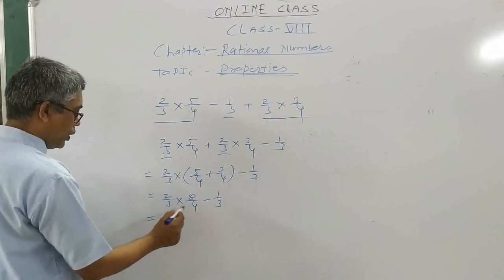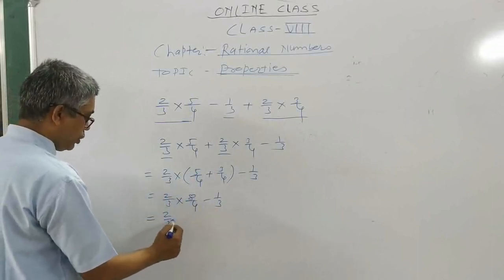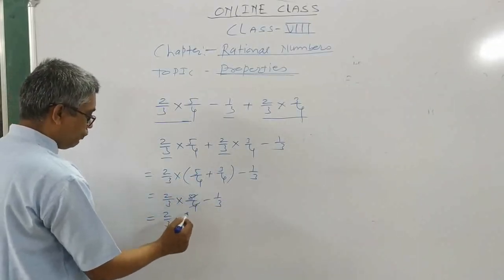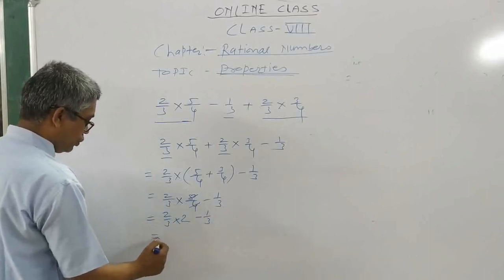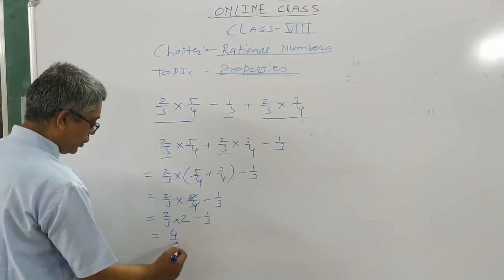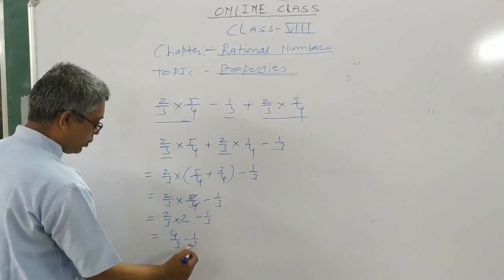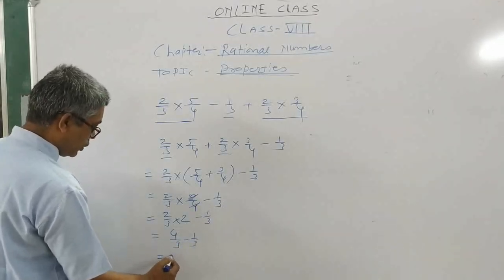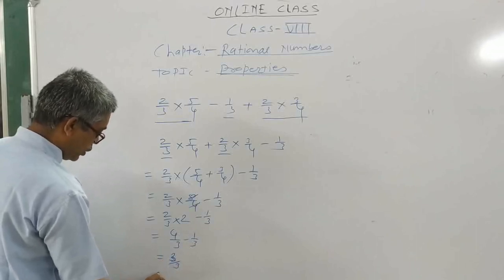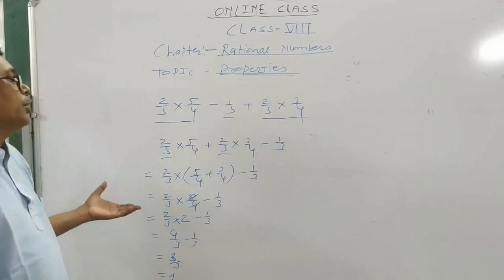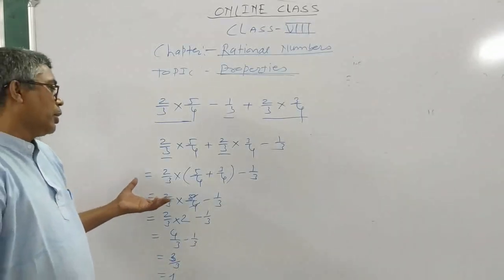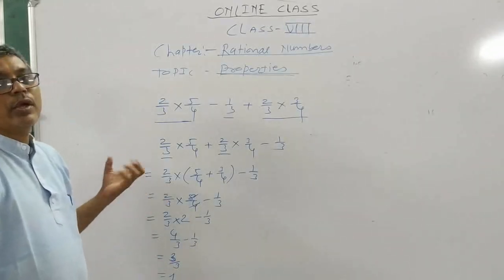Again what we get here, 2 by 3 into 4 to the 8 into 2 minus 1 by 3. So 2 to the 4 by 3 minus 1 by 3, we get the answer 3 by 3, that is equal to 1. So in this way we can simplify it.